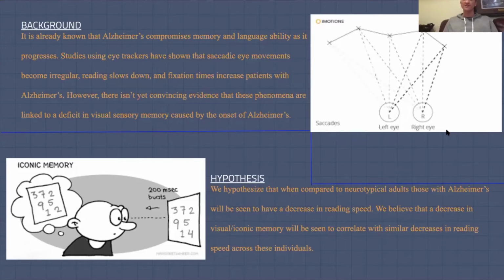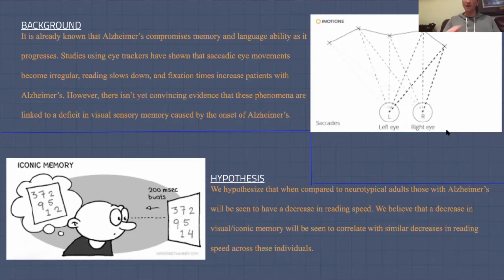However, there isn't yet very convincing evidence that these phenomena are linked to a deficit in visual sensory memory or iconic memory. So that's, like Darian said, the topic we're looking at: how does this decrease in reading speed correlate to a decrease in iconic or visual memory?